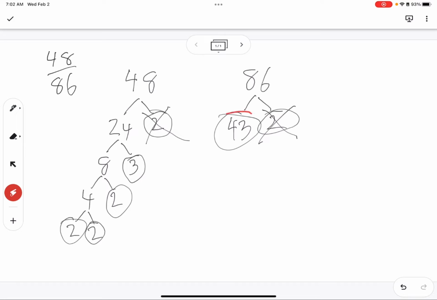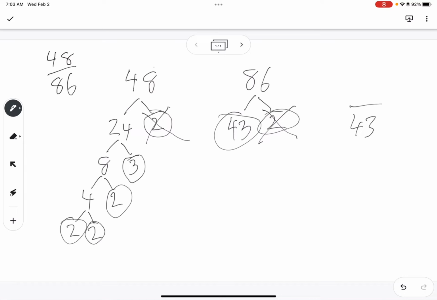Now I look over and think, do I have any 43's here? Nope, I don't. So now, 86 was my denominator. What numbers do I have left? I just have 43. So my denominator of 86 becomes 43.